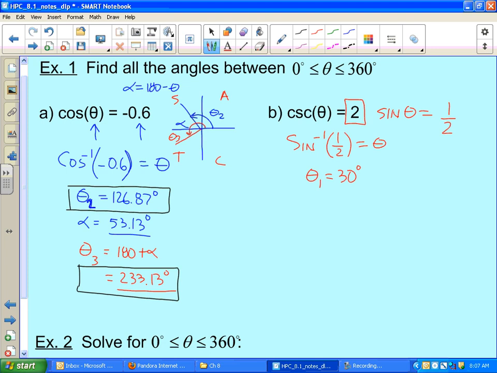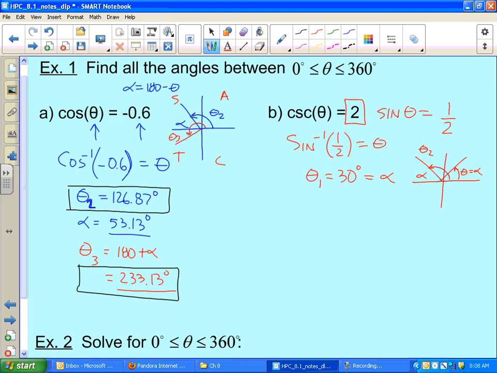And this cosecant value of 2 is positive, so we know that a positive sine happens in quadrants 1 and 2. Now, because we found theta in quadrant 1, we also know that that is equal to our reference angle. Again, a little sketch. There we are with our angle theta, which is our alpha. Now we're going to apply that angle over here for theta 2 using the same alpha.